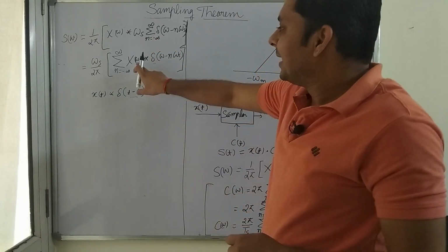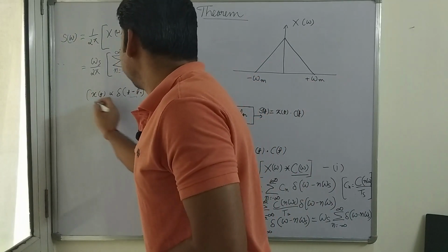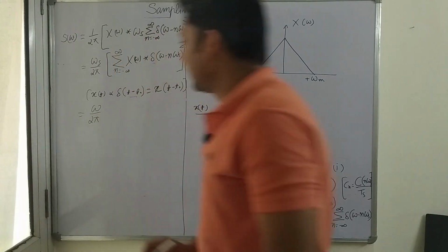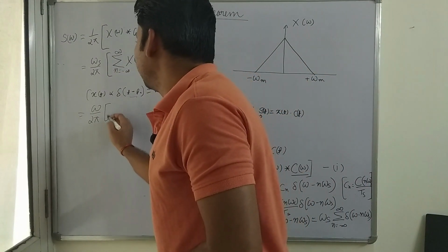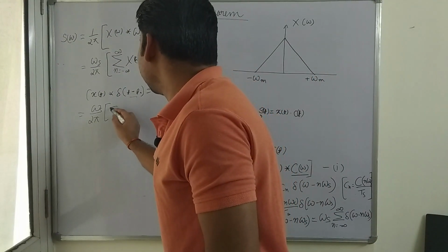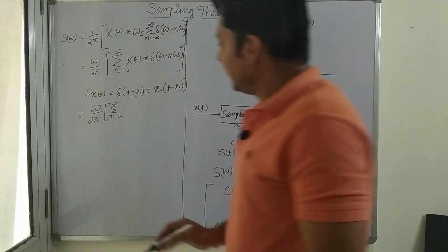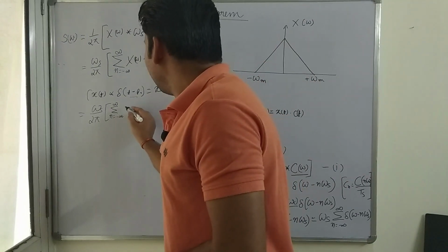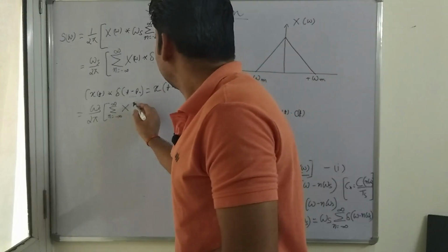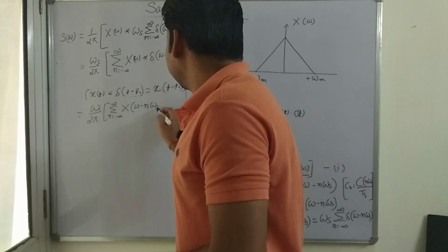In the same way, we write it as omega s upon 2 pi summation n equals minus infinity to plus infinity, X(omega minus n omega s).